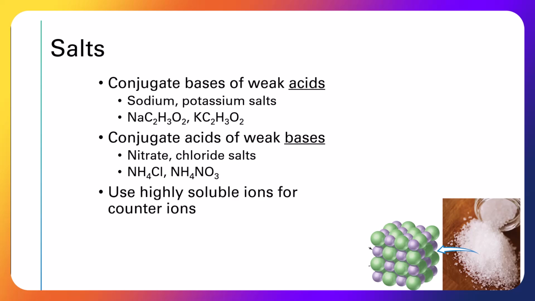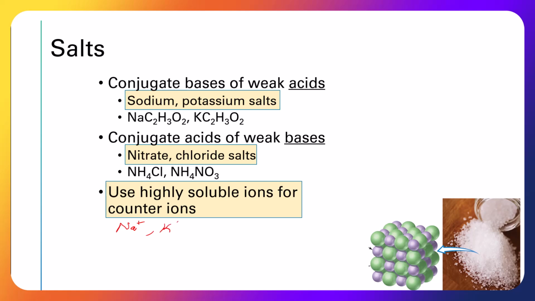What we want to use are highly soluble ions for counterions, those ions that are associated with either strong acids or strong bases. In the case of cations, those would be things like sodium cation, potassium cation.